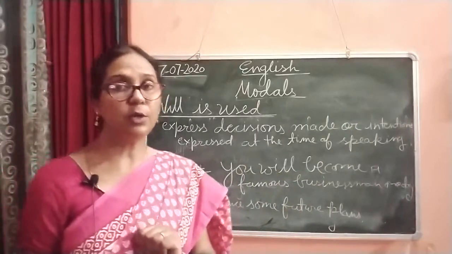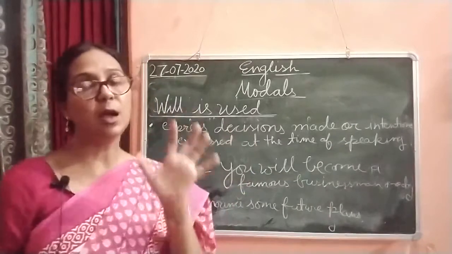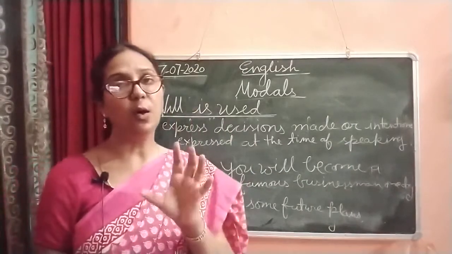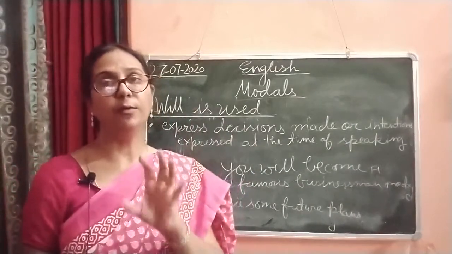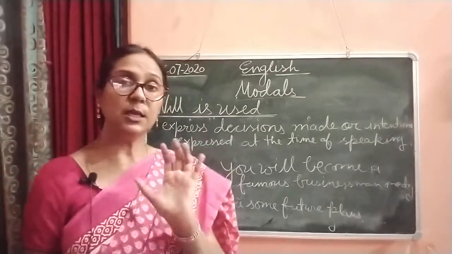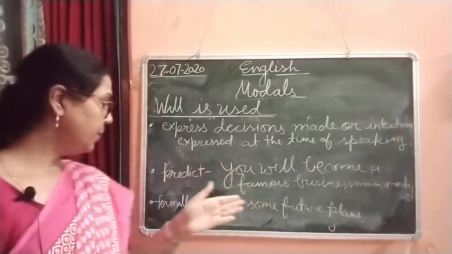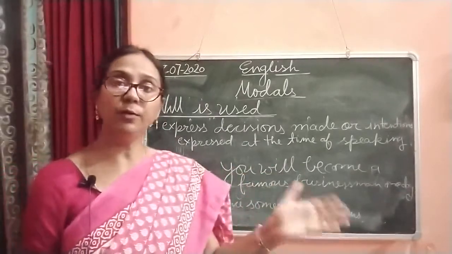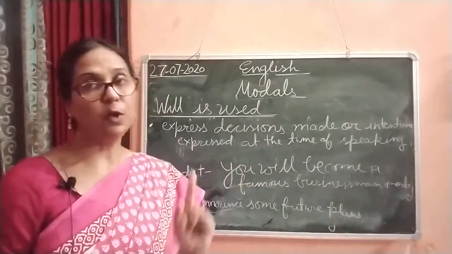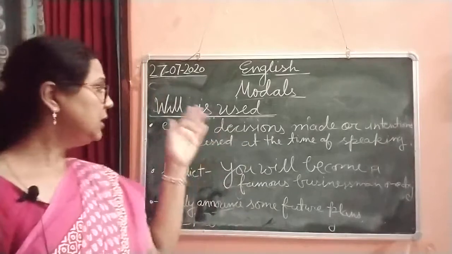Another example: "The Prime Minister will come to Varanasi on the 15th of August," or Independence Day. This is the future plan of the Prime Minister, a formal announcement of future plans. That time we also use will. So we have to learn these three points.